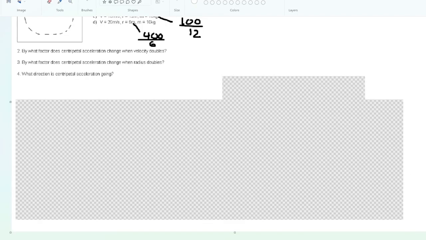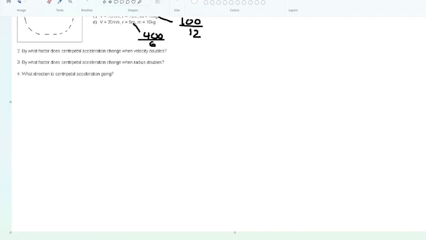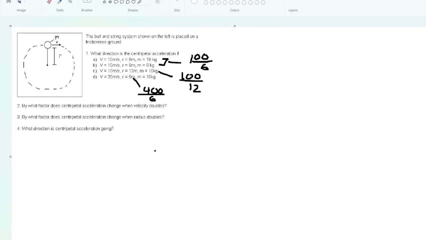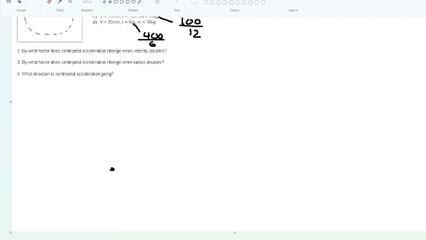And our last question, what direction is centripetal acceleration going? Well, as I've denoted in the beginning, hopefully you can recall, there is no change in the magnitude of the velocity.